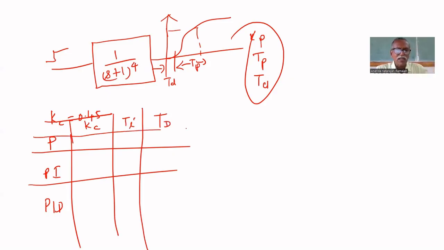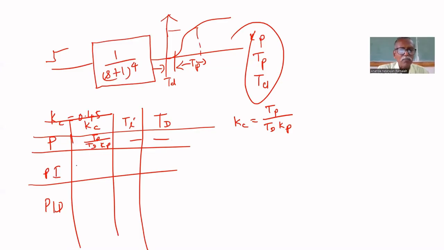For P only controller, Kc equal to Tp divided by Td multiplied by Kp. So we have to find that way. No Ti, no Td, because it is P only controller.